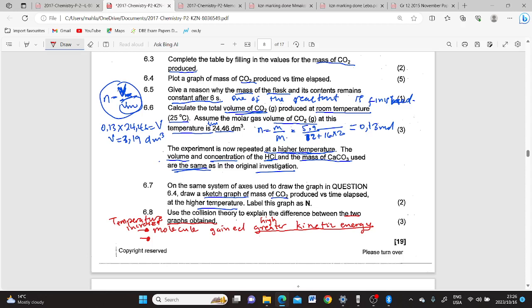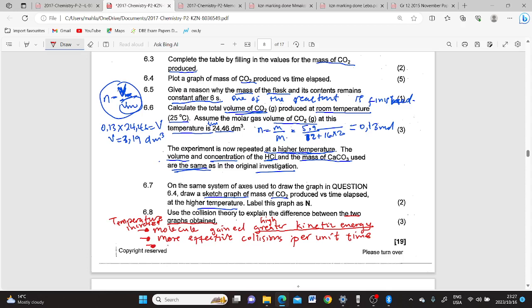Now it means there will be more effective collisions per unit time. Simply saying more particles will collide more often.